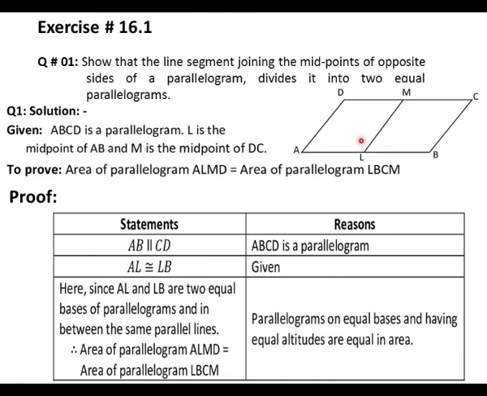These both have equal bases and are between the same parallel lines, and we have proved in 16.1.2 that such two parallelograms with equal bases and equal altitude are equal in area.